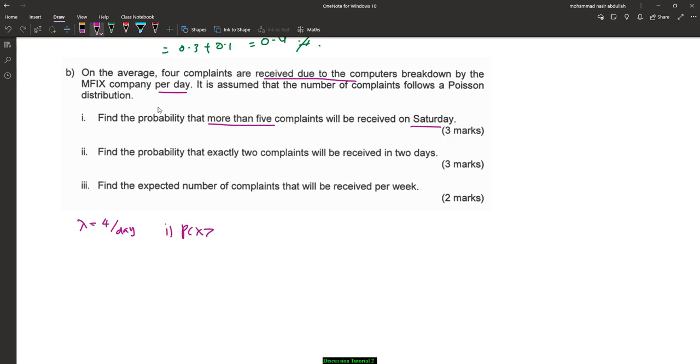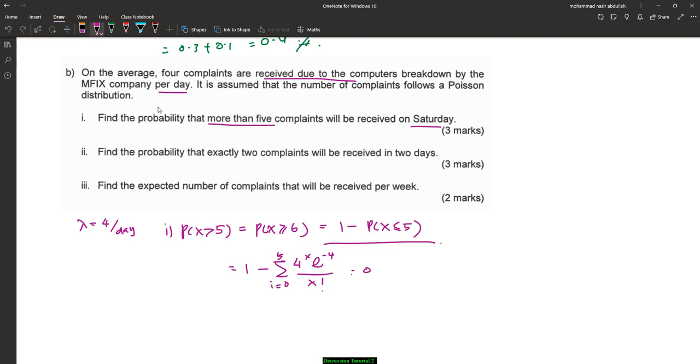Probability of X more than 5. So this one should be probability of X more than or equal to 6. If we calculate the other way around, it is 1 minus summation of probability of X less than or equal to 5. Right, it should be like this. So you input into the calculator 1 minus summation of X equal to 0 until 5 of 4 to the power of X, exponential negative 4, divided by X factorial.